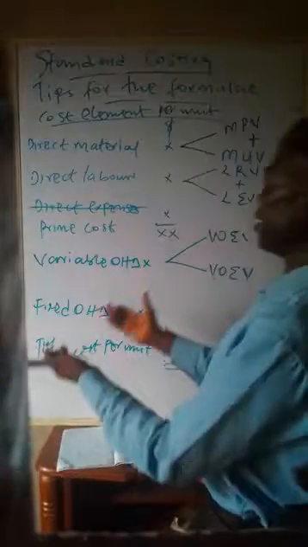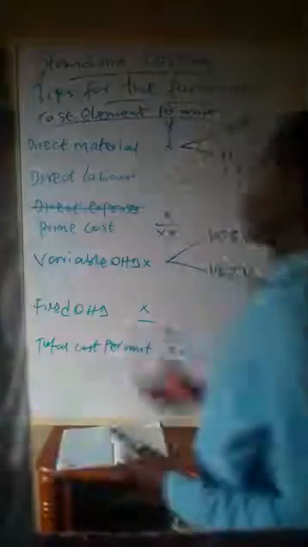So for you to get this, you must use variable overhead, whatever the basis, whether labor hour basis, machine hour basis, material basis, wages or prime cost basis.